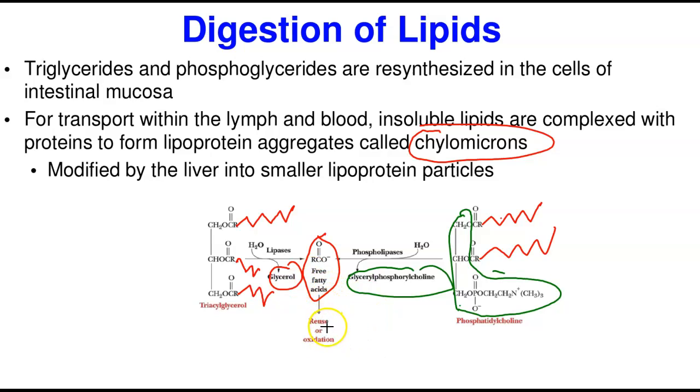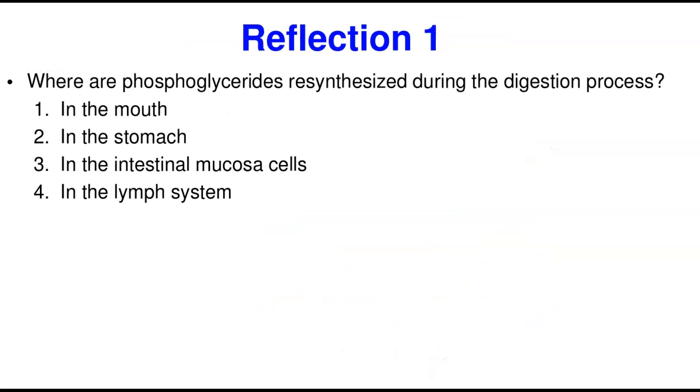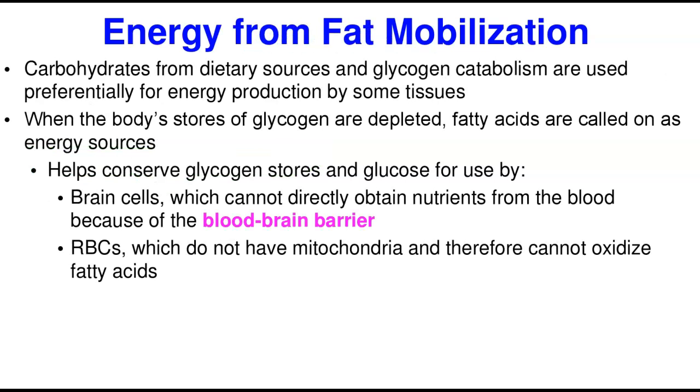It is either reused to form a triglyceride, or it goes into beta oxidation, and that is our interest. So the first reflection question says, where are phosphoglycerides resynthesized during digestion? They are resynthesized in the intestinal mucosal cells. This is where they are resynthesized. Do not forget that. All right, let's move on immediately.